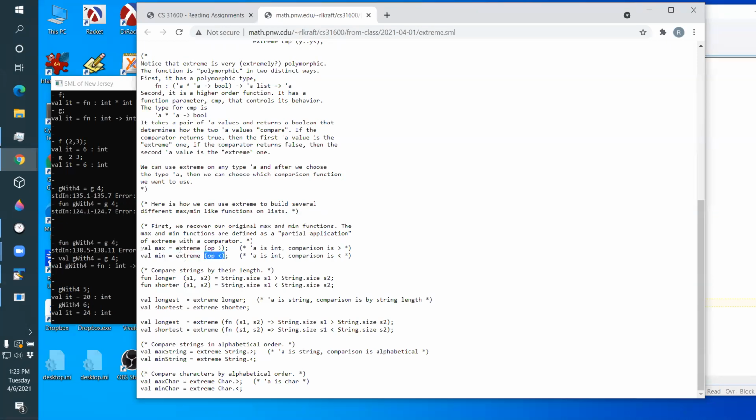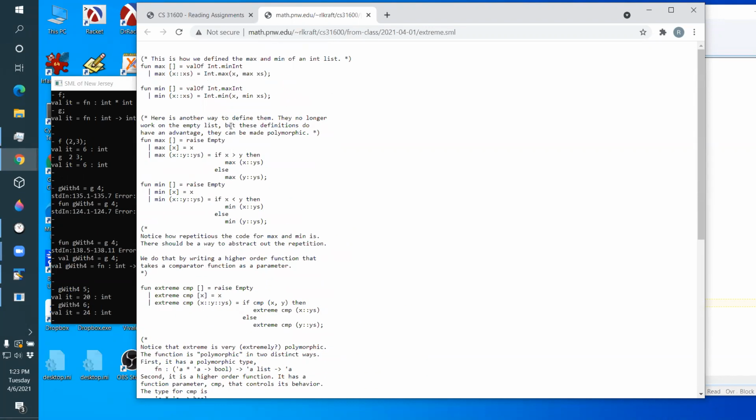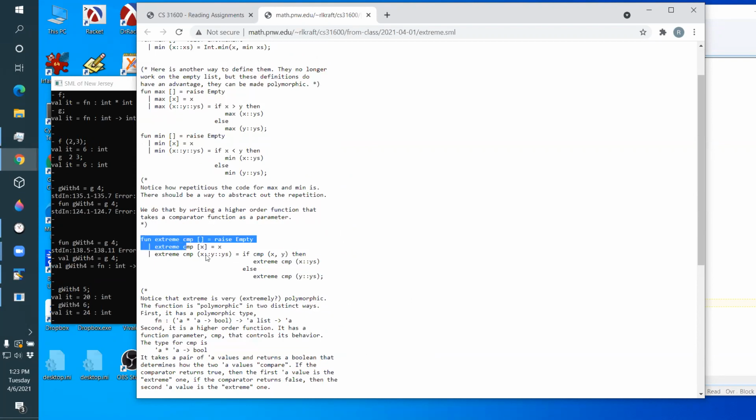And all I have to do is write this little bit of code, give that comparator to extreme and call it max, give that comparator to extreme and call it min. Okay, so that saves me from writing, see up here, max completely out, there's the full-blown definition of what max is. Okay, so there's max, there's min, and then here's extreme.